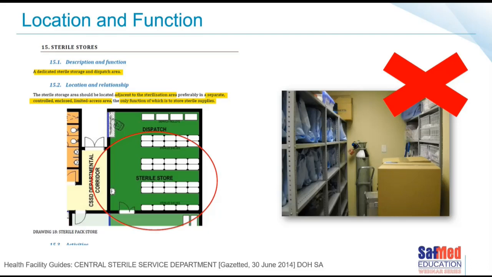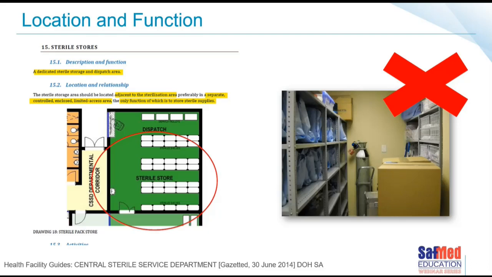Non-sterile stuff like boxes, which of course should not be in the sterile area at all. As you can see, there's a cylinder. I think that's a cylinder of air by the looks of it. Solid shelving. And this is definitely not a dedicated, separate, controlled area. Of course, it has a multitude of things in it, and it really and truly shouldn't be there.